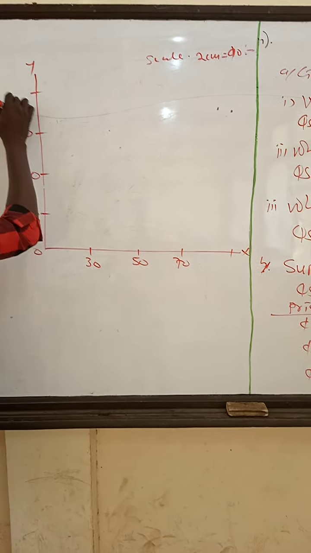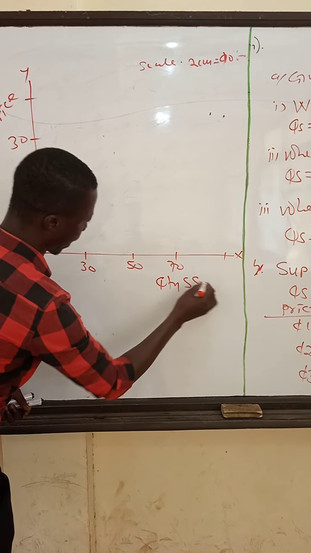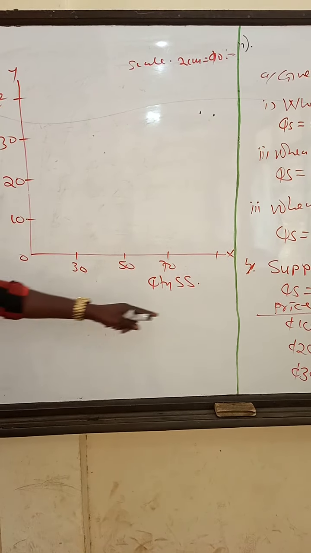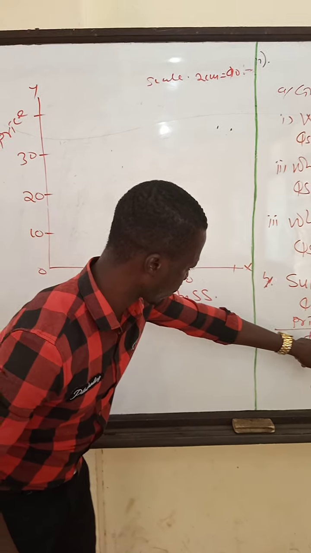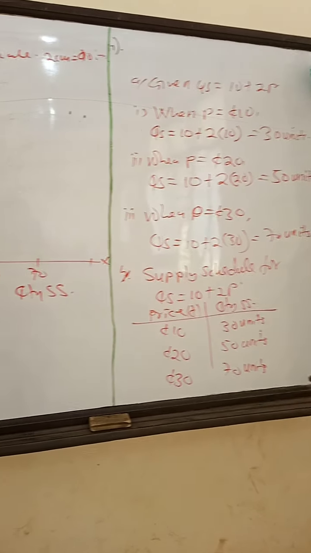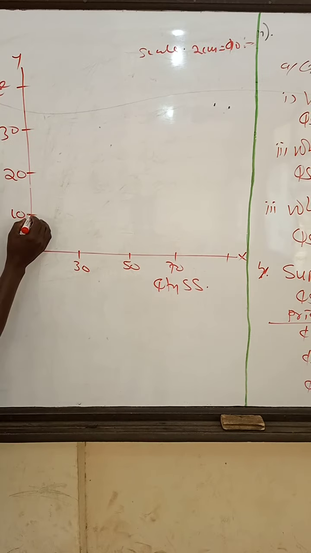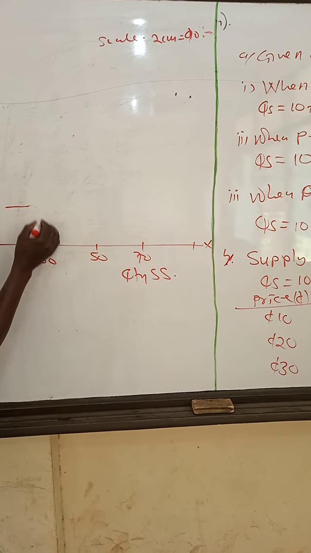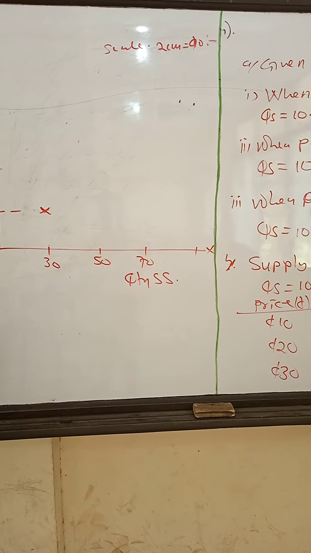This side is price and this side is quantity supply. So you can see from here, when price was 10 cedis, quantity supply was 30 units. So you're going to look for 10 and 30 where the two intersect. So this is 10, this is 30. They meet at this point, so I'll mark this point.